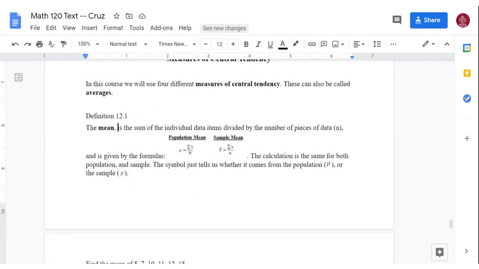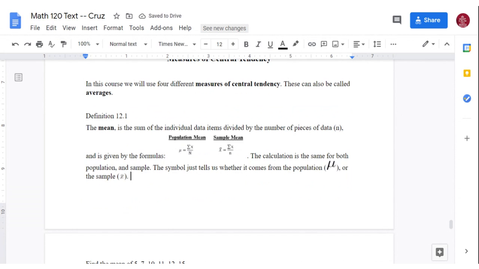As we talked about, we've got both a sample and a population. It doesn't matter which we're working with; the calculation is exactly the same. It's just called something different. When you're talking about the population, it's called mu, and it's this little symbol here. That's the Greek symbol mu.